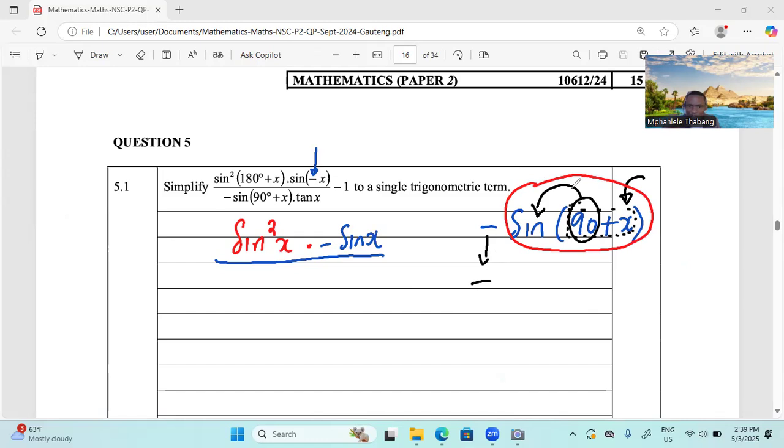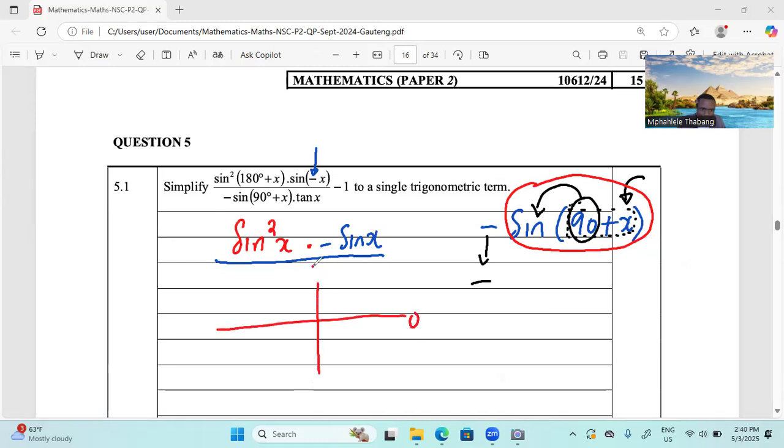Is my trig ratio going to be positive or negative? You have to decide on the sign of your trig ratio first. So let's go through that. We can do that by checking where 90 plus x is in the CAST diagram. So let me draw my CAST diagram.